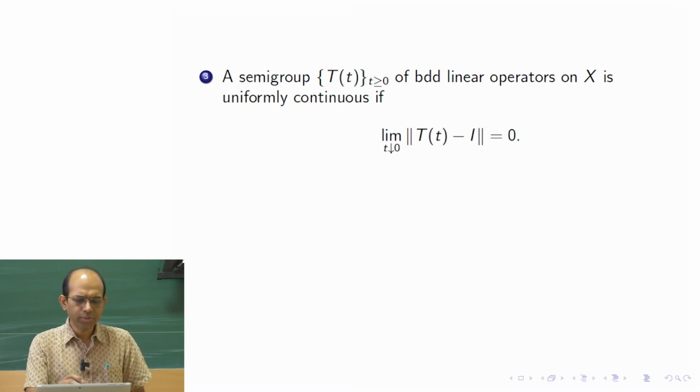A semigroup T(t) of bounded linear operators on a Banach space X is called uniformly continuous if the following holds. What is this? The operator T(t) minus the identity operator, in the operator norm. This is the subordinate norm, correct?